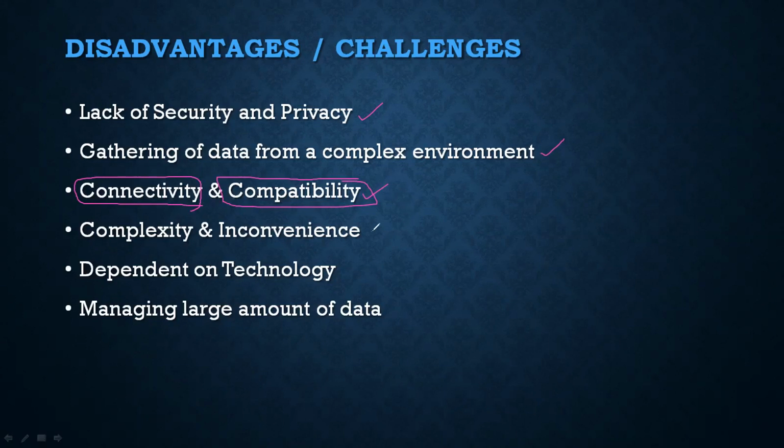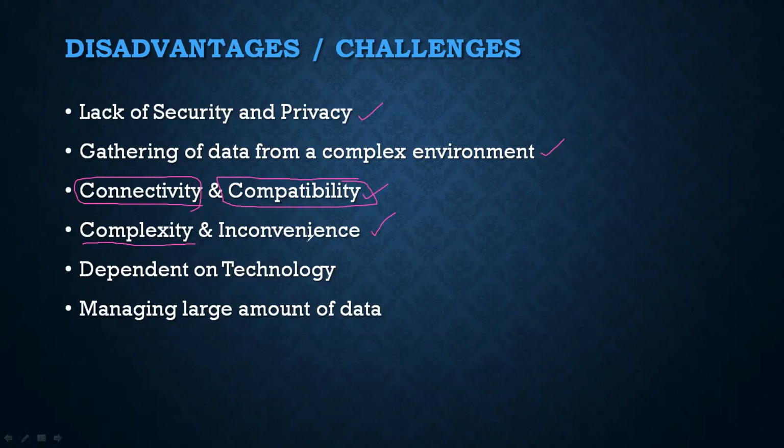Next one is complexity and inconvenience. In any IoT system, there may be a software or hardware problem. The normal persons are not identifying those, then the complexity will increase for the user.